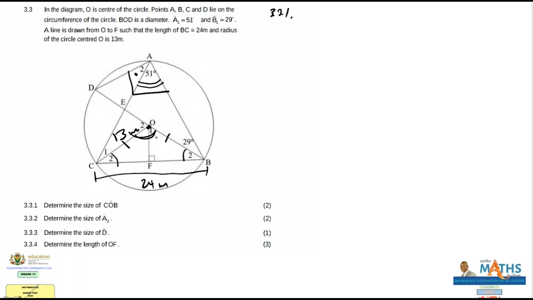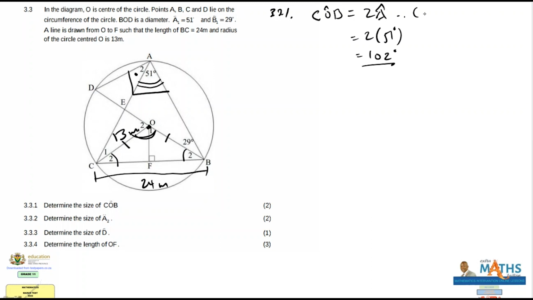COB is the angle at the center, which is twice the angle at the circumference. It means COB is equal to 2 times angle A, which is 2 times 51 degrees. Therefore, it's 102 degrees.